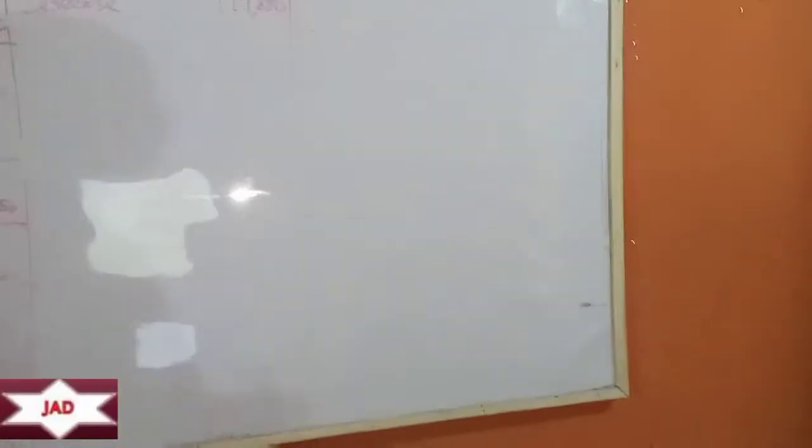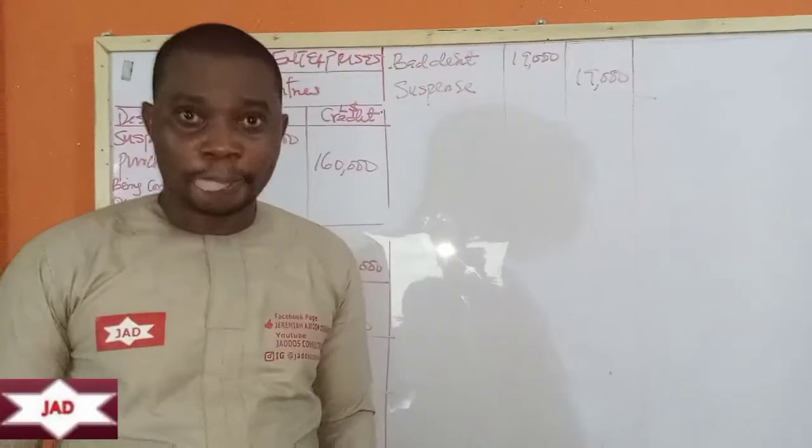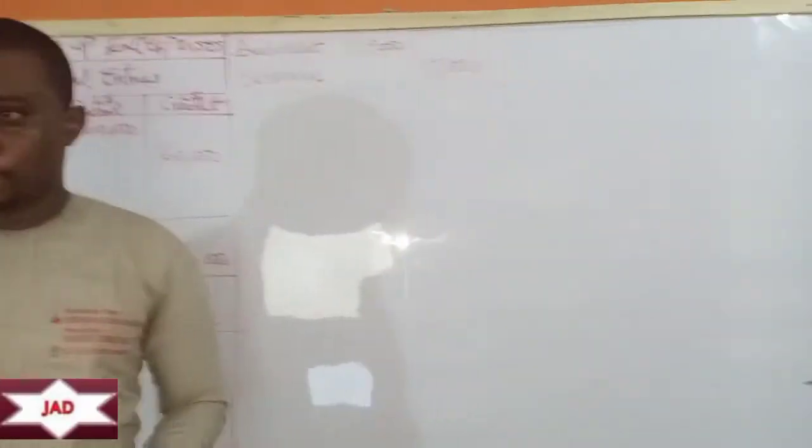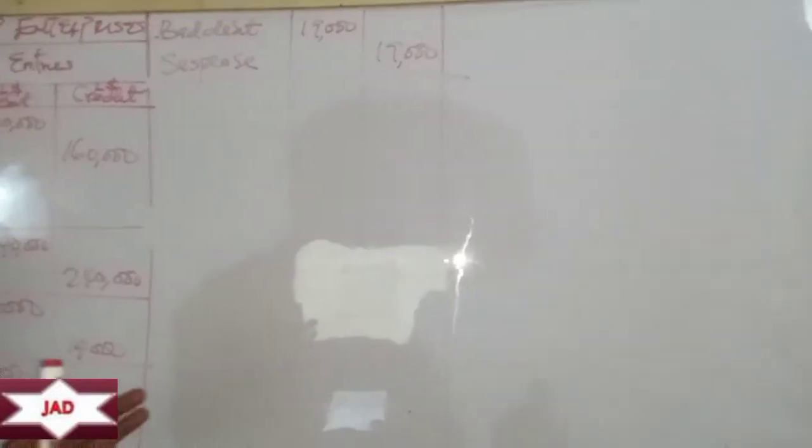But instead of buying and selling, you actually took some for personal use. So what are we saying? That's drawings. So the proprietor here withdrew goods that cost 6,000 Liberian dollars for personal use. No entries have been made in the book.